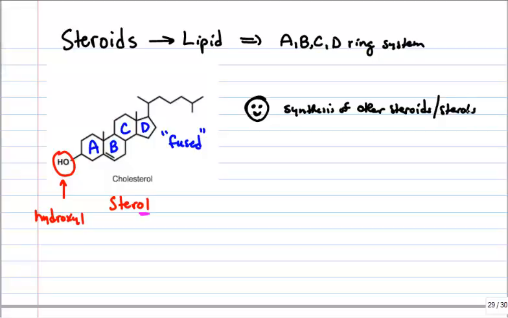Our cell membranes don't need to be too rigid or solid-like, or too fluid or liquid-like. So cholesterol inserts itself into biological membranes and regulates the membrane fluidity. That is a very important biological role of cholesterol.